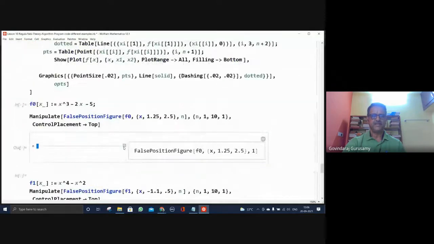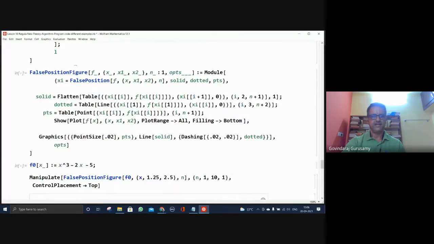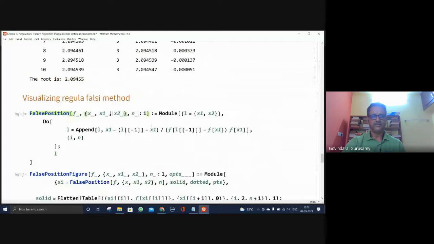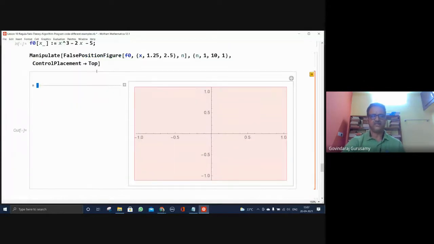The regula falsi method that you have learned now can be visually seen. How does it move? Same thing, there's nothing great here. Only now we are going to use some graphic option. Good time to see visually how the roots converge.